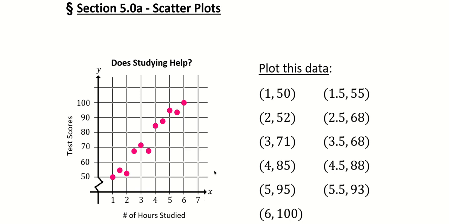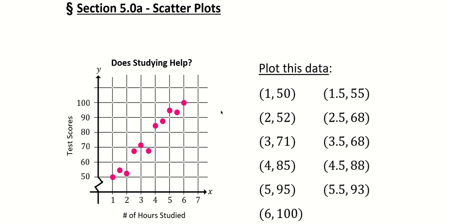So you can see why something like this would be called a scatter plot, because it looks like a bunch of scattered points. It looks like they're sort of making a line, but they're not all falling on the same perfect line. The word in geometry is collinear.